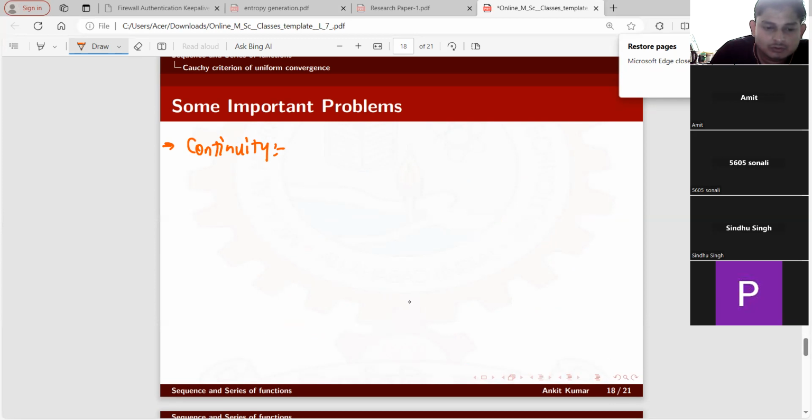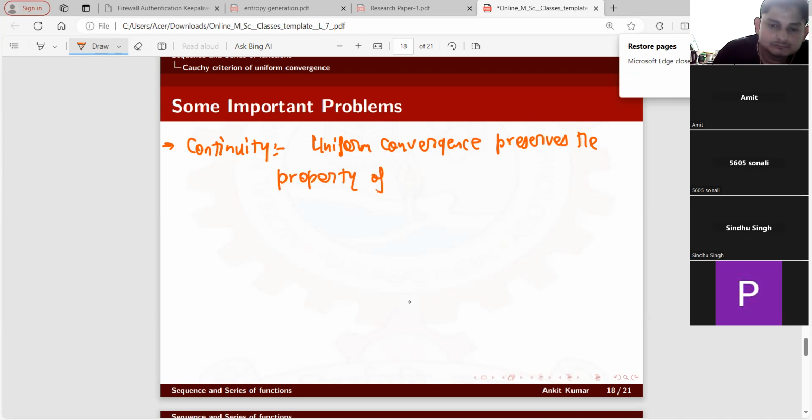So uniform convergence preserves the property of continuity, meaning thereby continuity of the uniform limit.